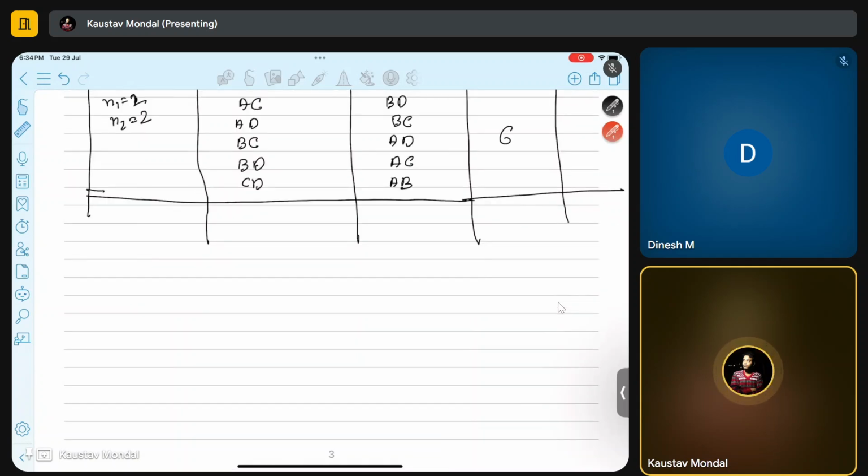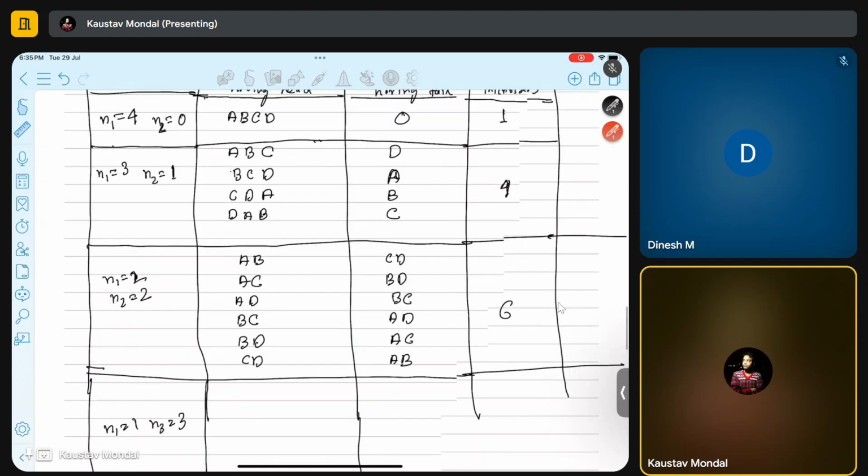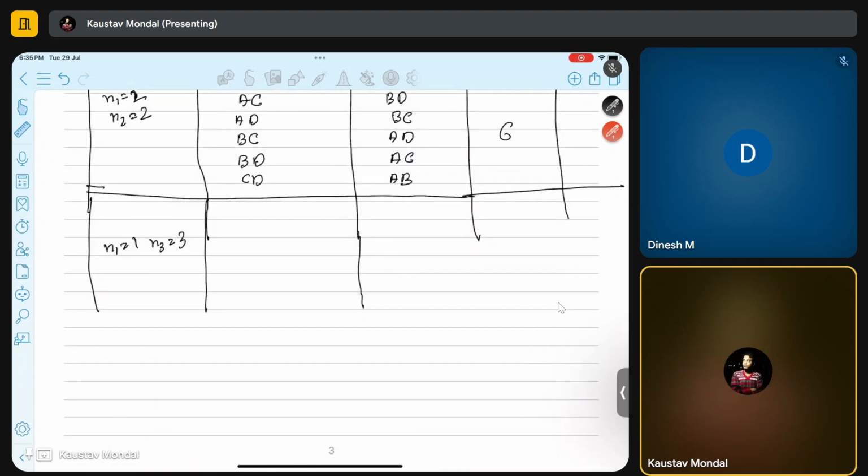Next would be the opposite of the second one, where the number of heads is 1 and the number of tails is 3. Okay. So this would be the opposite of the second macro state, right? So here, if A is having the head, then B, C, D would be having the tail. If B is having the head, then A, C, D will have the tail.